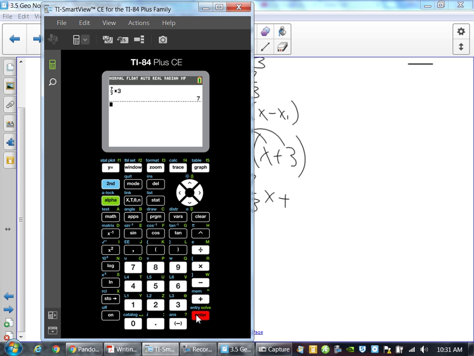If you have your old graphing calculator, the pink one, it doesn't have the fraction bar. But you can do the exact same thing by doing this: parentheses, 7 divided by 3, close it, times 3. And you get the same result. It's just a matter of knowing how to use the calculator.